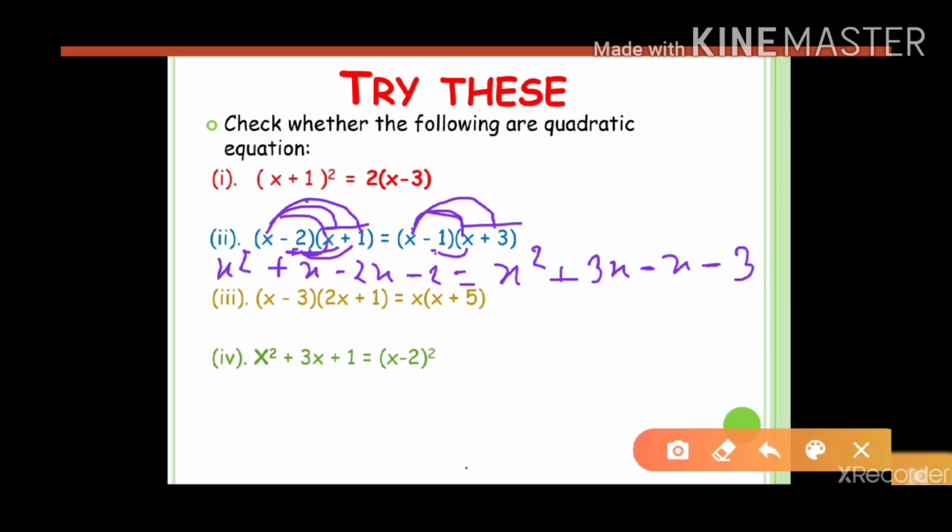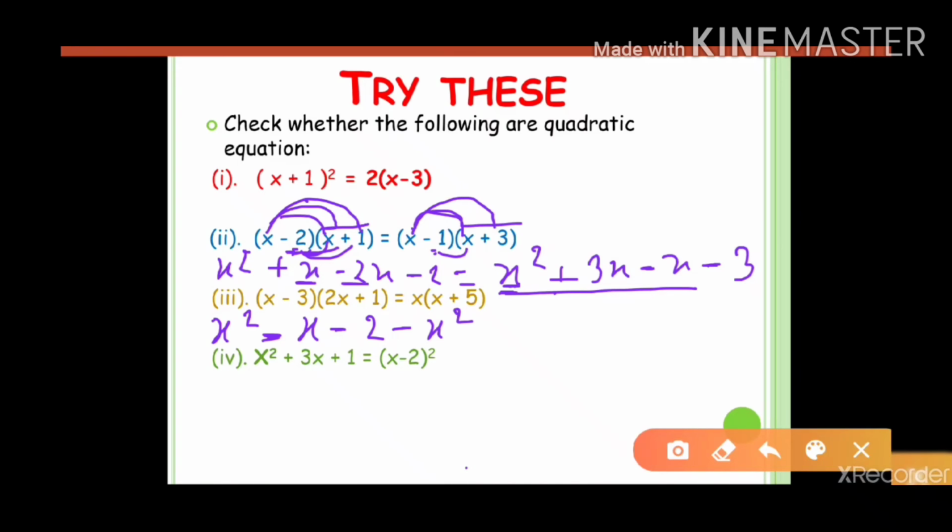We can write it as x squared plus x minus 2x. We get minus x and minus 2, and we transfer all these terms to LHS. It becomes minus x square.